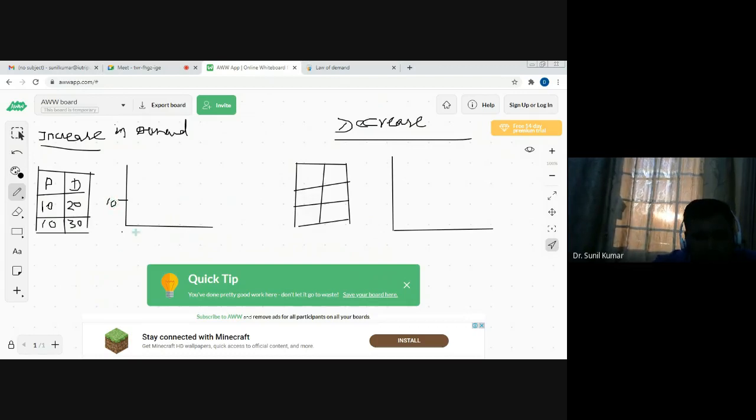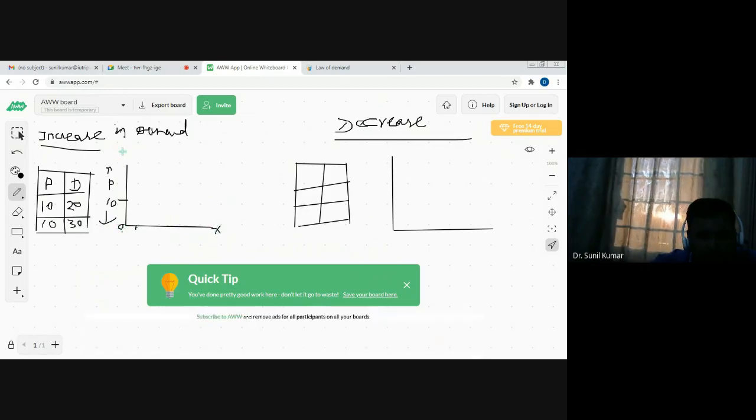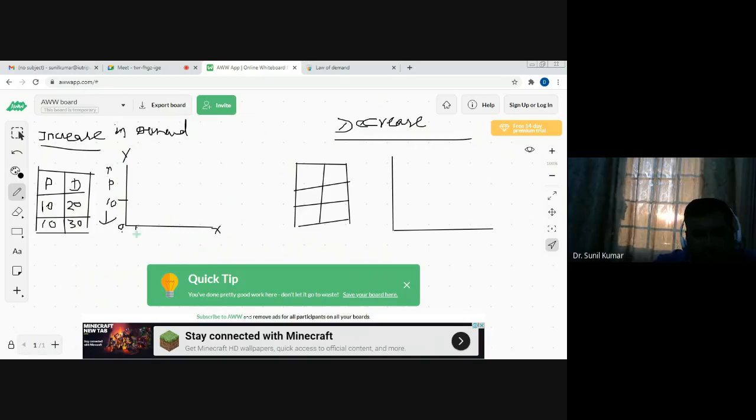Here, this is the price. Always we write price on the y-axis. This is 0, this is x, and this is y. Now we have to distribute 10, 20, 30, 40.